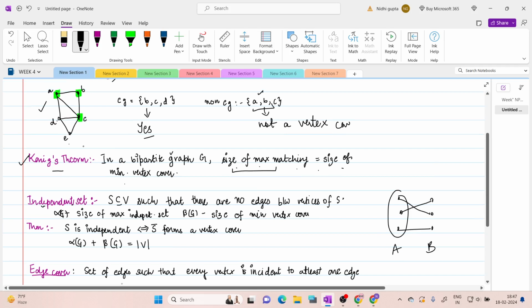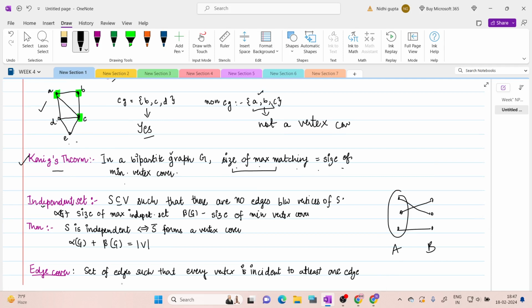So in this example, can you give me an example of an independent set in this graph? Ma'am, if we remove that vertex cover from the entire graph, then it is independent.